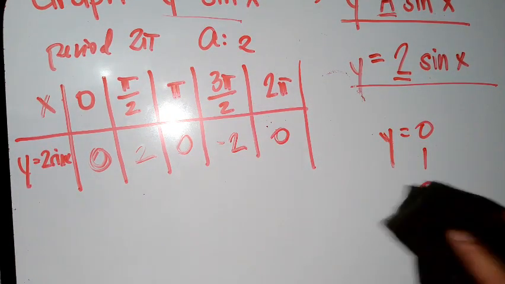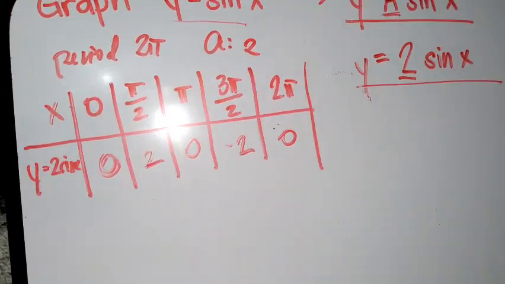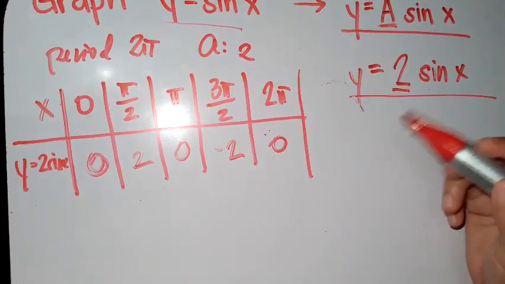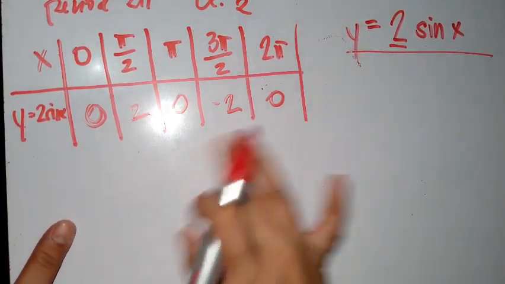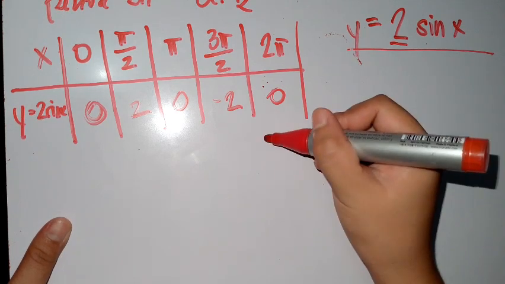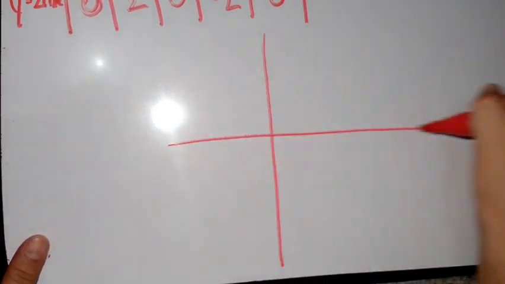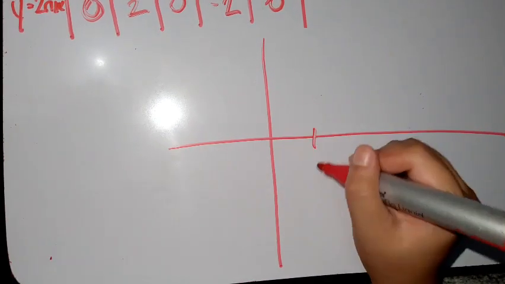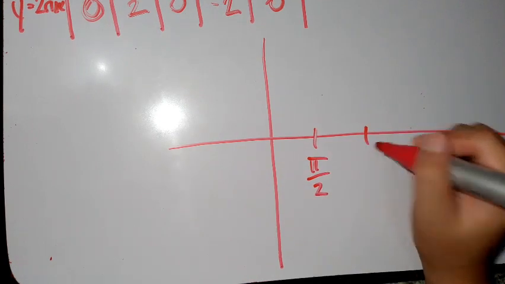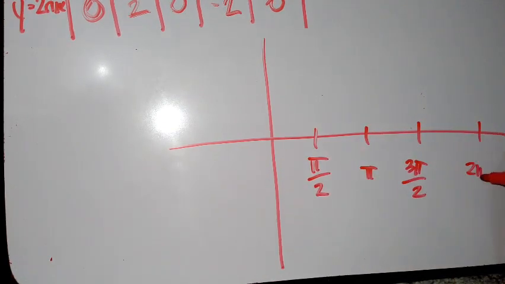This is now our table, which we're going to use in graphing y = 2 sin x. We only need the Cartesian plane, with the y-axis and the x-axis. On the x-axis we have 0, pi over 2, pi, 3 pi over 2, and 2 pi.